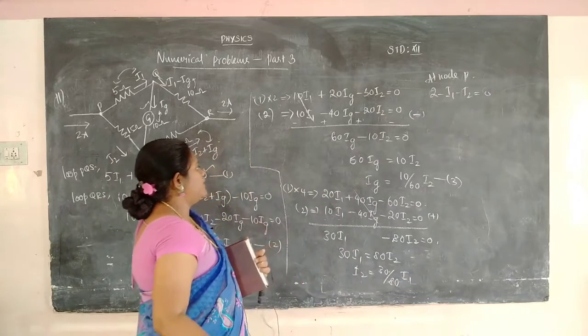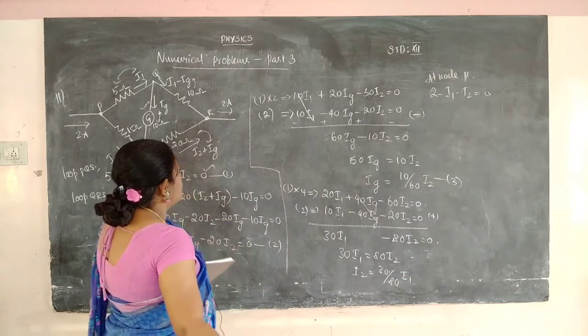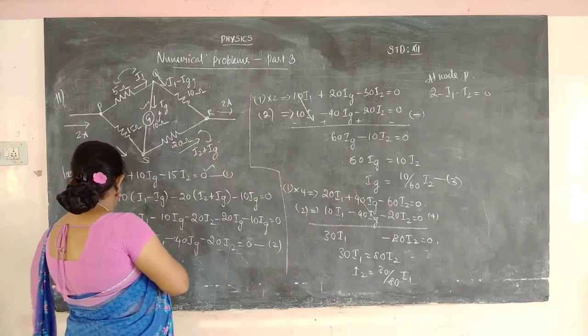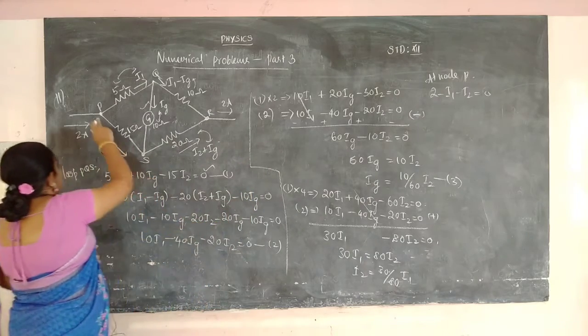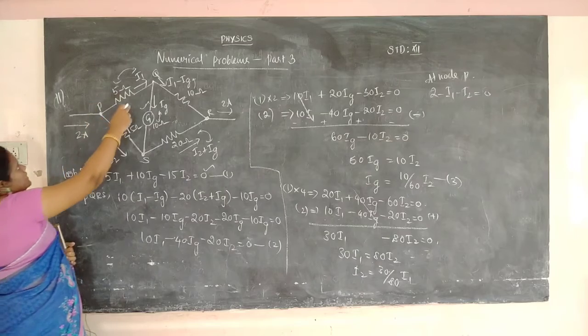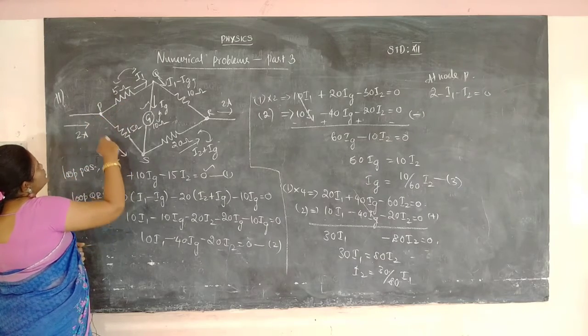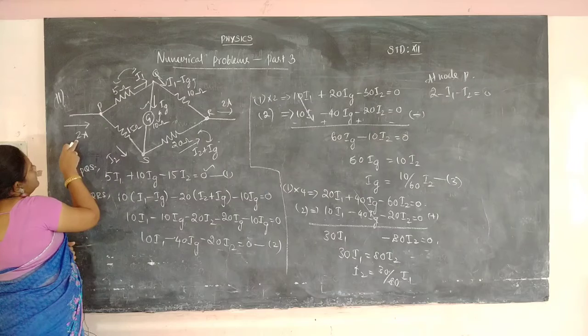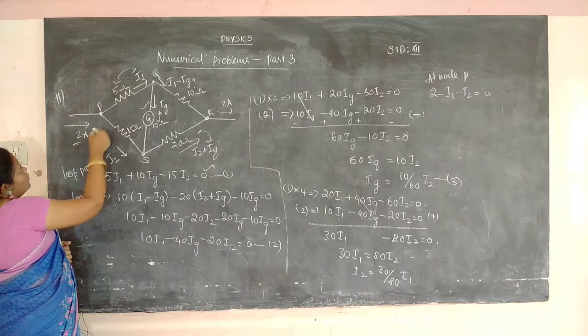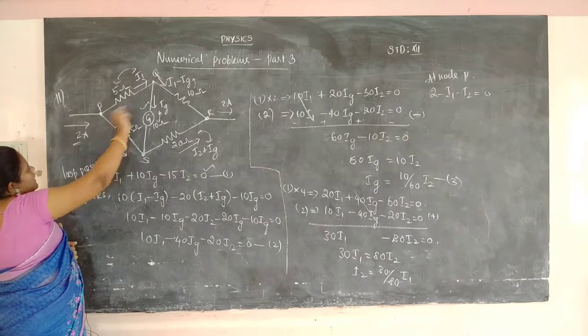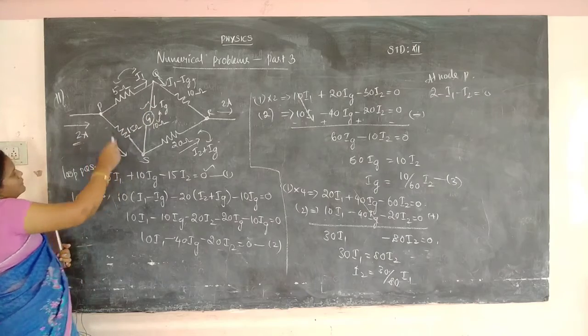Okay. So i2 value is there and ig value is there. Now at the node P, three currents will meet: I1 and I2, and then 2 amperes. I1 will be leaving, I2 will be leaving, 2 will be entering.